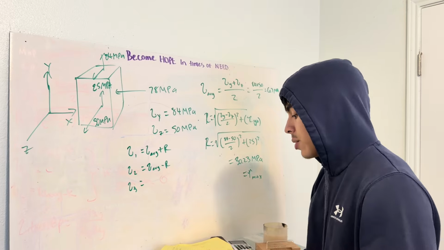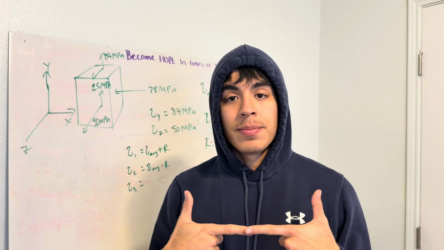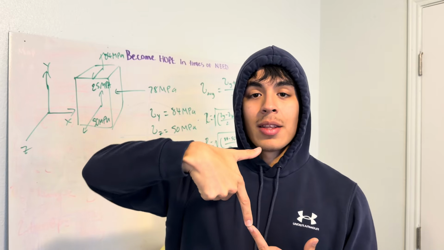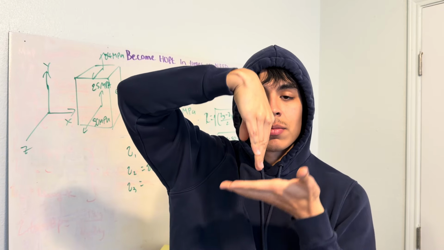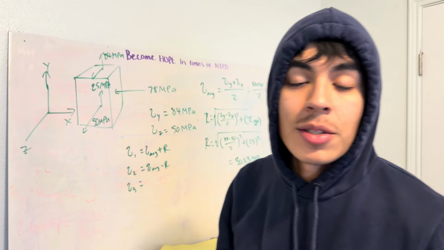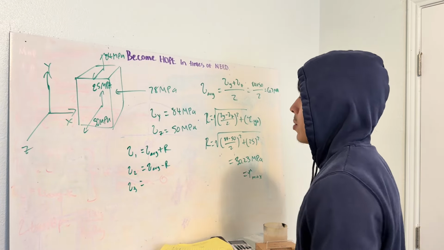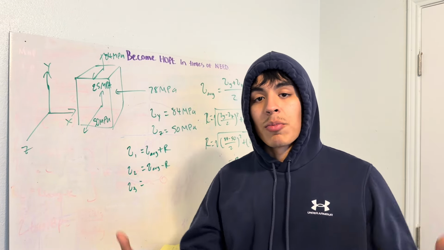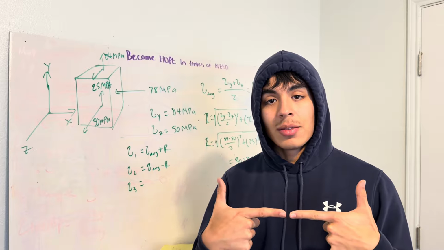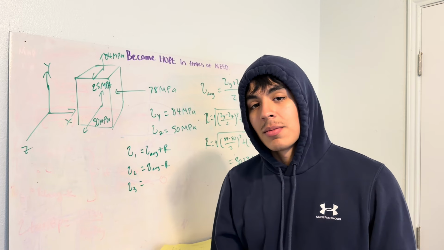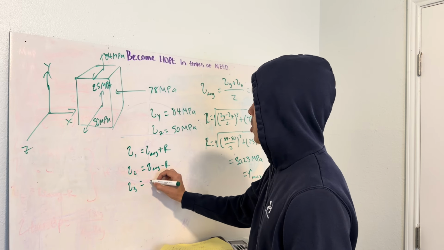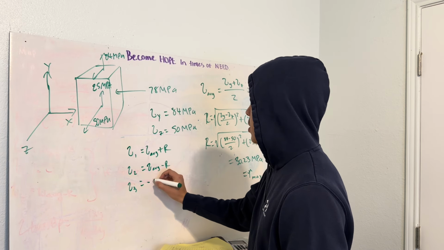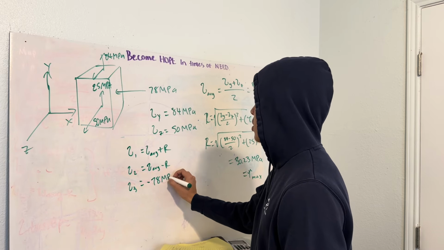So think of it like this: compression, negative; tension, positive. Good? All right, cool. So we have that. This is going to be negative 78 megapascals.